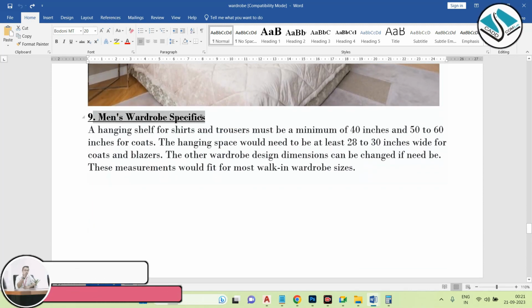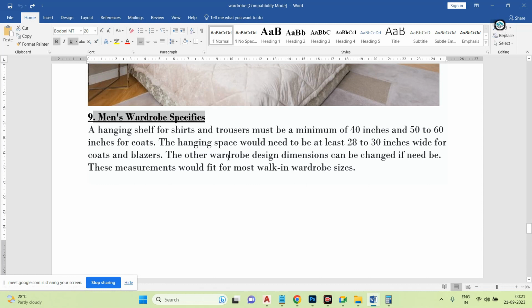One point is very important. Men's wardrobe specifications are different, and women's wardrobe specifications are different. If you are designing a wardrobe only for men, in that condition, what will you do?